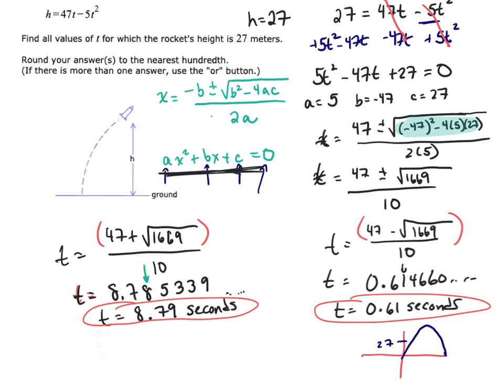Well, it goes up, and at this first point, it gets up to 27 pretty quickly, and then it continues its path, goes up to the top, and then comes back to the bottom here. Now, if you launch from an initial height, then it is likely that only one of them would happen. If you're at the top of a building and you throw something off of it, it's only going to be at certain heights at one point because it's not going to come back up. So that is the general idea behind this one.